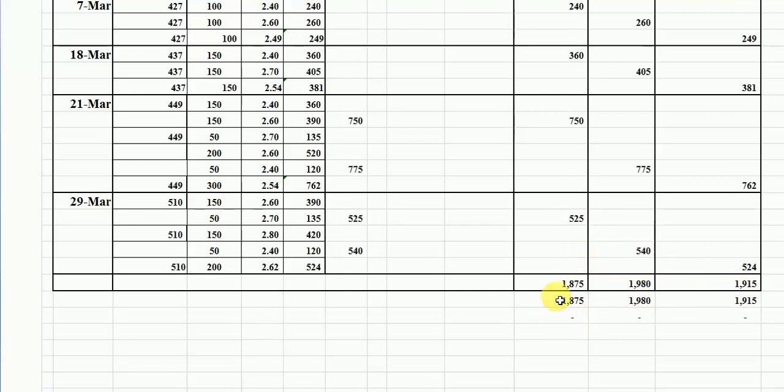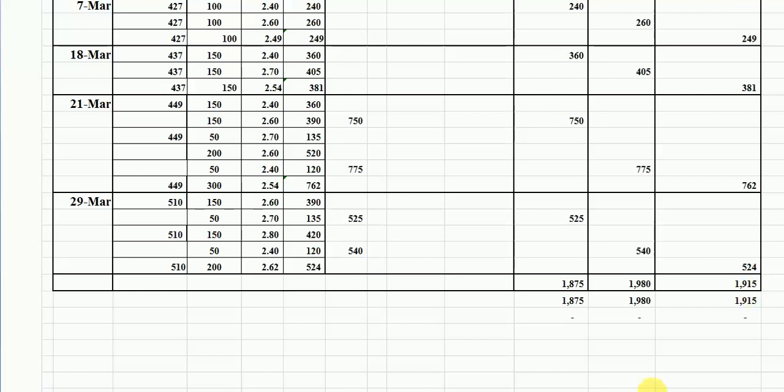You are looking here, the total cost consumed in production is 1,875 rupees. The LIFO cost is 1,980 rupees, and the average material cost is 1,950 rupees here.